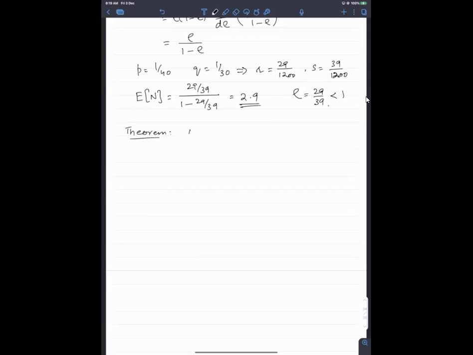A regular Markov chain, regular means that it is irreducible, which means every state communicates with every other state. All the states communicate with each other. And what do we mean by communicate? That means with non-zero probability, you can go from one state to any other state.